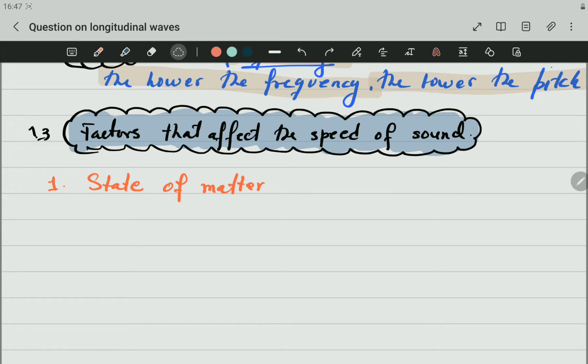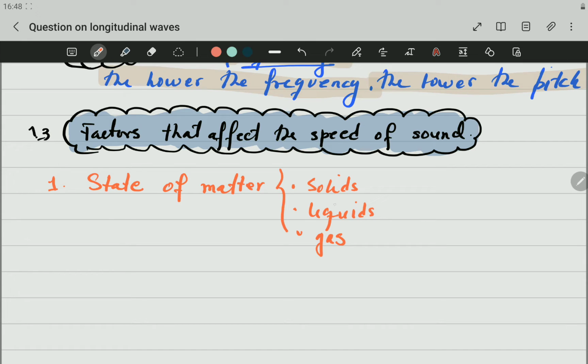Now, the first factor that is going to affect the speed of sound is the state of matter, either solid, liquid, or gas. In order of moving faster, sound will move faster in solid, than liquid, than gas.